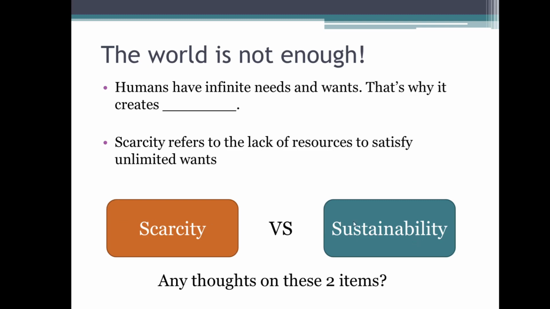When you look at those two items, what are the thoughts that you have in your head? If you have any ideas, feel free to put your opinions in the chat. It's very flexible. Sometimes when we discuss economics, there's no such thing as right or wrong. So what do you think?